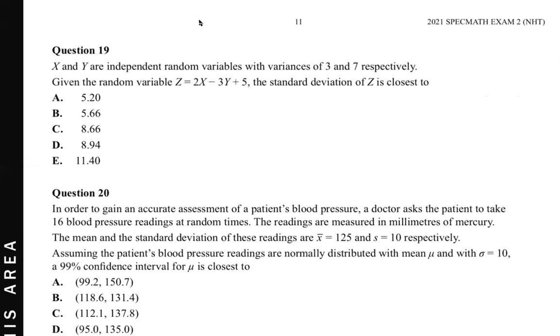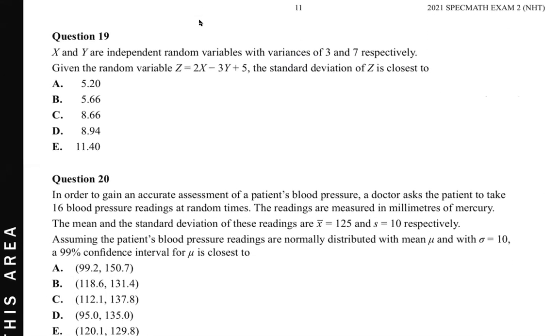Question 19. X and Y are independent random variables with variance 3 and 7 respectively. Given the random variable Z equals 2X minus 3Y plus 5, the standard deviation of Z is closest to. Never ever work out standard deviation directly. You always want to find the total variance or combined variance first.